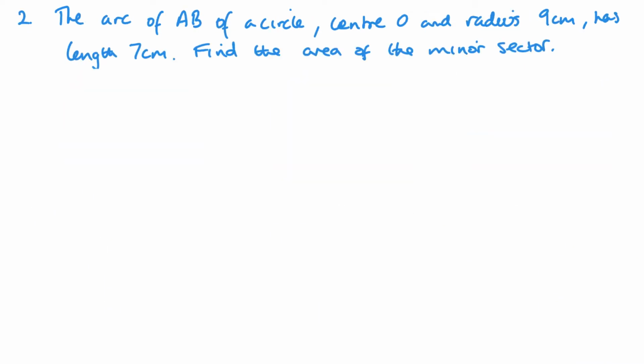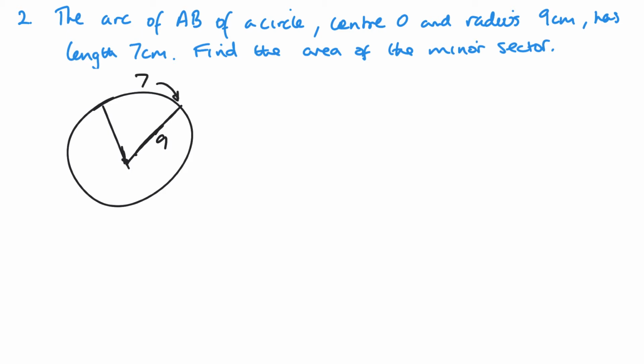So what I would do here, very quick sketch. Just pop in my values on here. We've got radius 9, an arc length of 7, and we want to find the area of the minor sector.